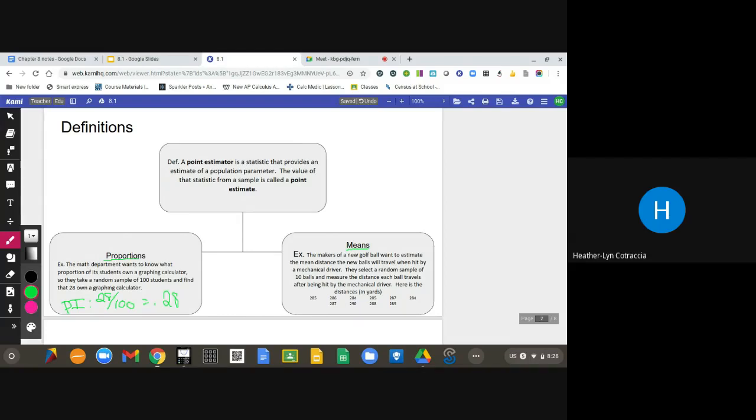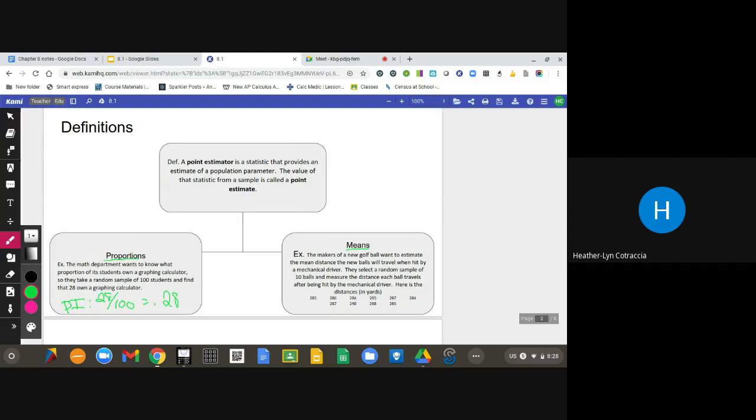Now let's compare that with the example on the right, which is means. It says the makers of a new golf ball want to estimate the mean distance the new balls will travel when hit by a mechanical driver. They select a random sample of 10 balls and they measure the distance each ball travels after being hit by the mechanical driver. Here are the distances in yards.